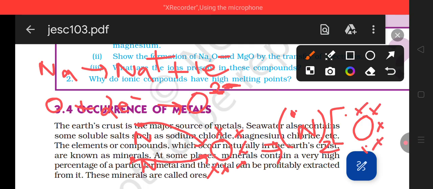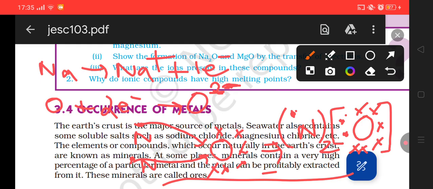So this would be your answer. In a similar manner, you have to do this with MgO as well.